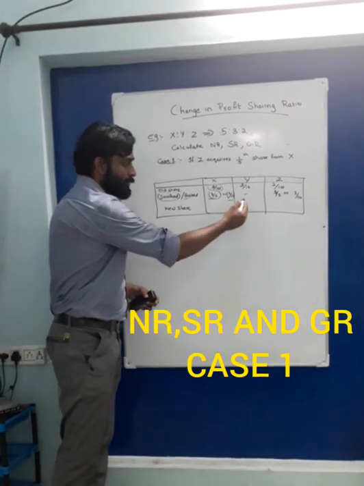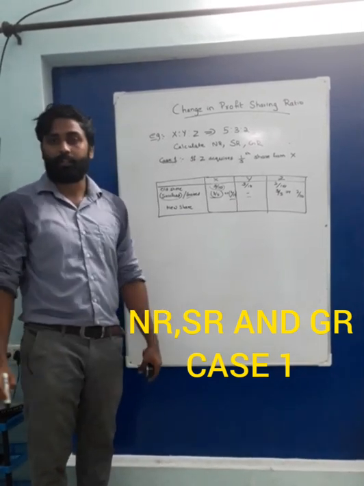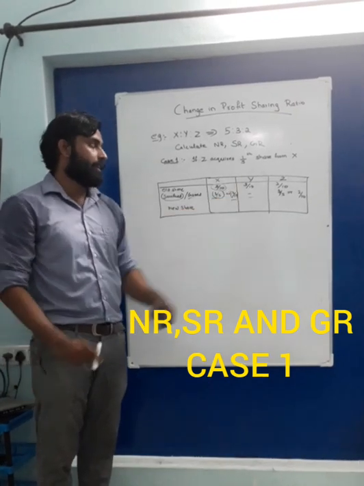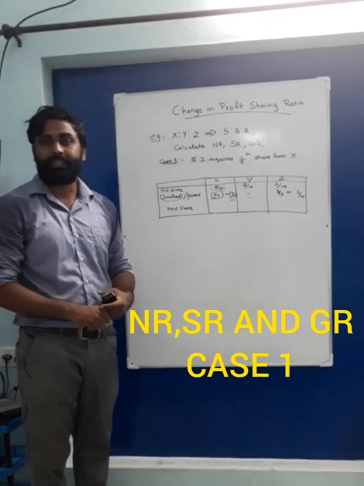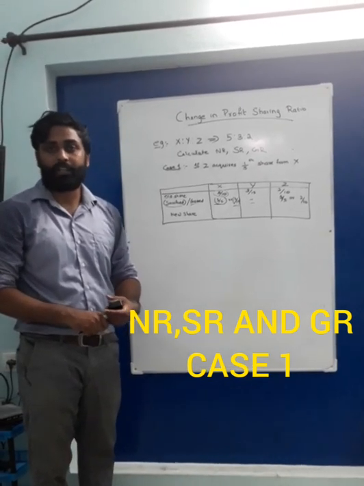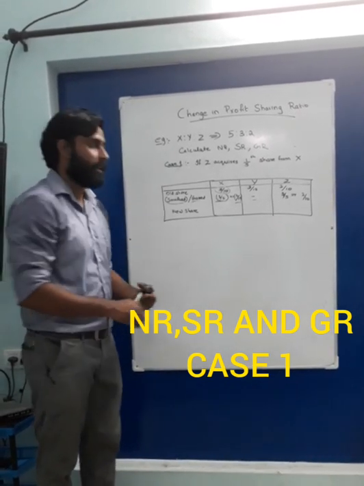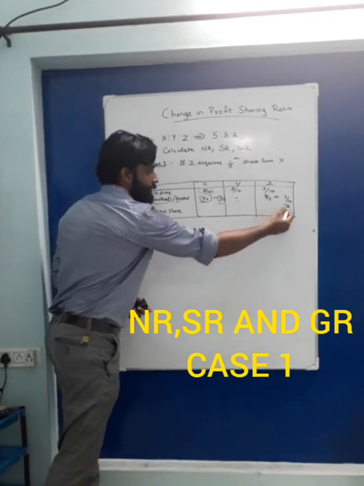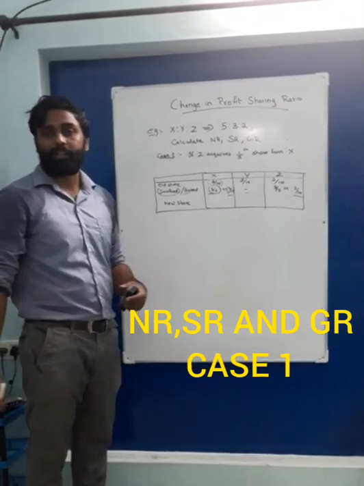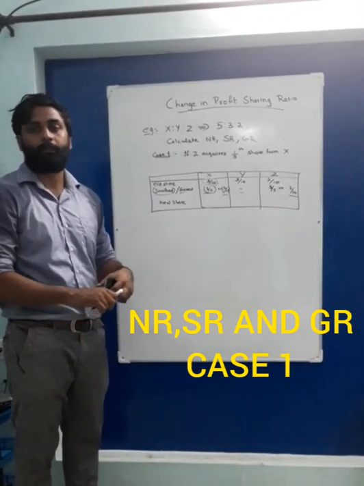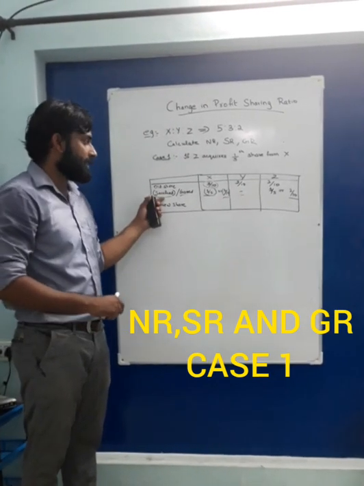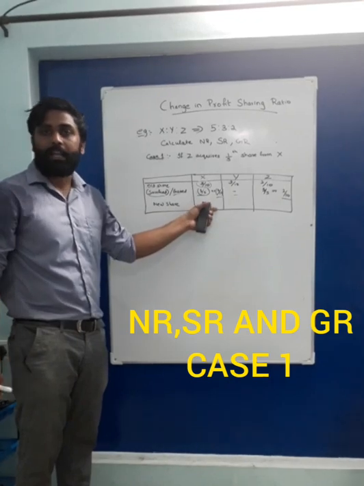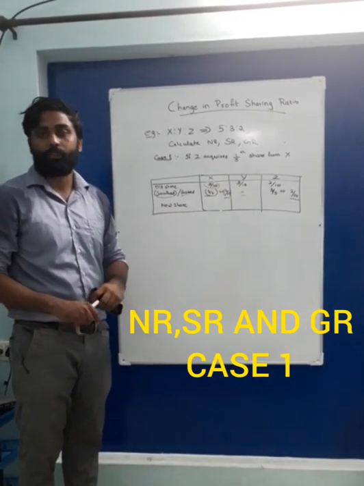There is no change in Y's share. And Z is gaining 1/5 share from X, so his gaining share is 2/10, multiplying numerator and denominator by 2.